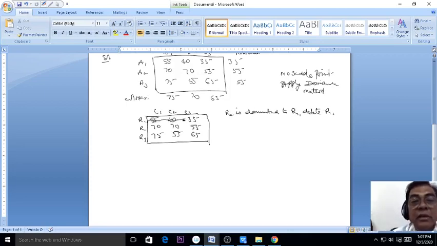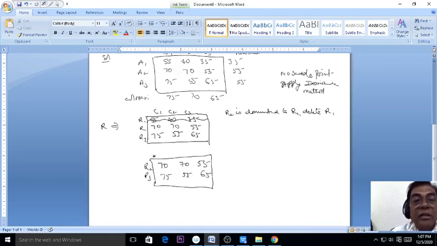The row operation is over. Next, come to the column operation. The remaining elements are 70, 55, 75, 55, 65. These are R2, R3, C1, C2, C3. So this is the column operation.